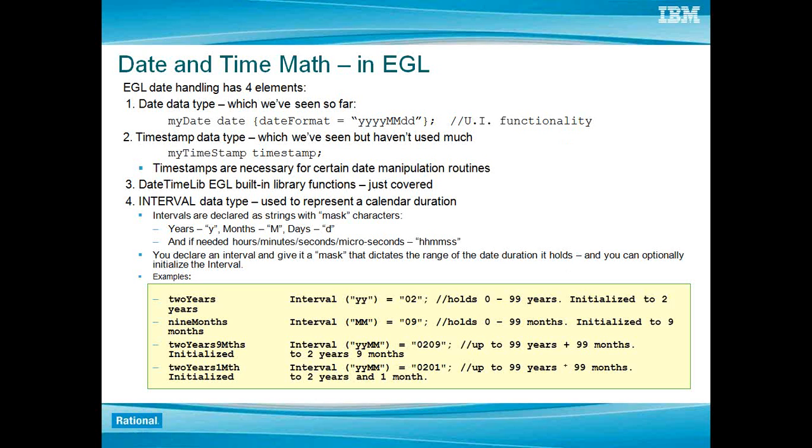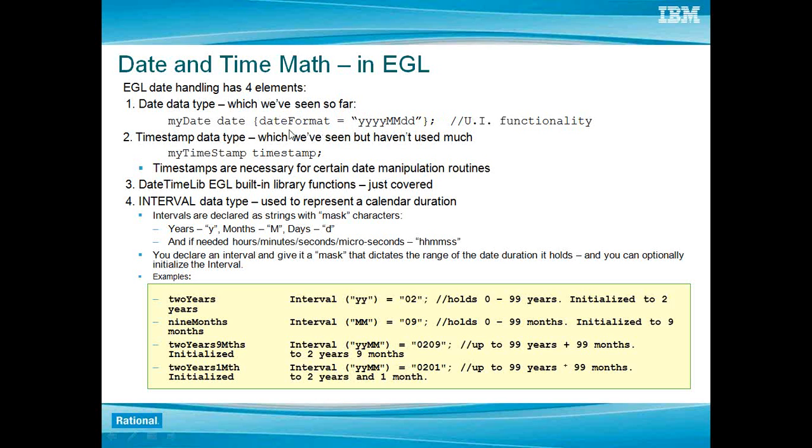Okay, now we have three slides regarding how we can create our date and time variables within our EGL language. Here we have a syntax given on the slide and a few examples at the bottom. We are creating myDate as a variable, and its type is date, and within the curly braces we have specified a few properties.